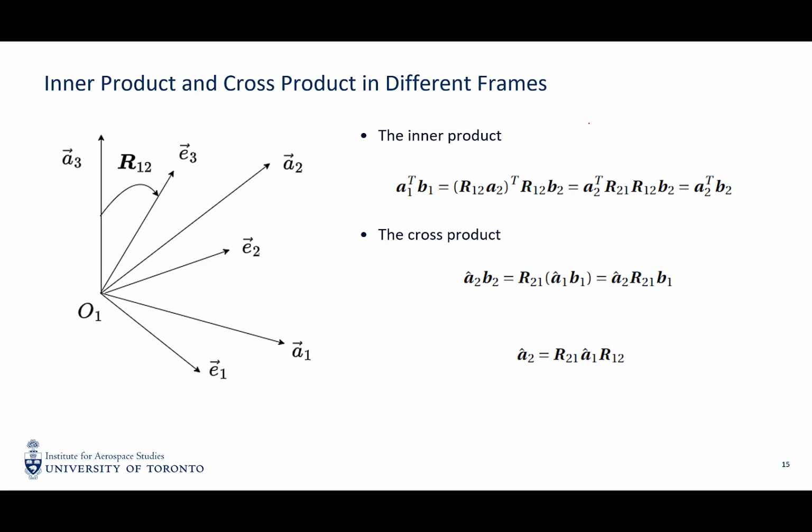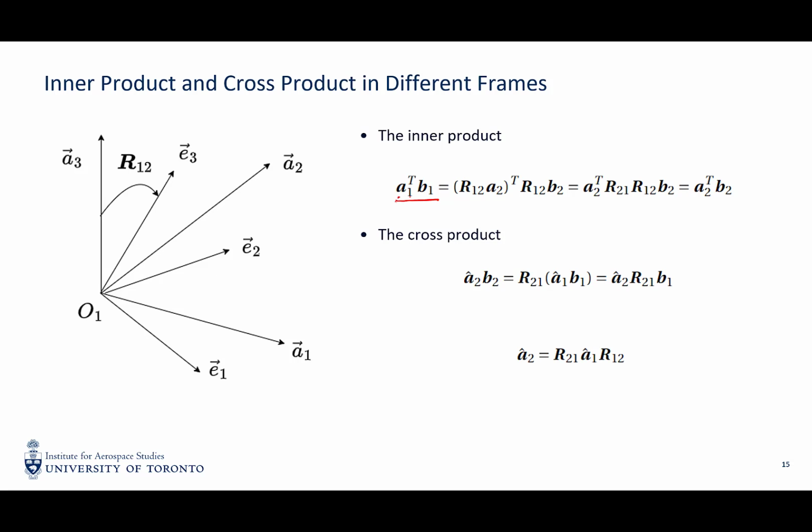Okay. So since we have the rotation matrix between two frames, then we can express the inner product between two different reference frames. So this is the inner product we used in frame 1. So right now we have a vector A1 and vector B1, vector A and vector B. So the inner product between these two expressed in frame 1 is A1 transpose times B1.